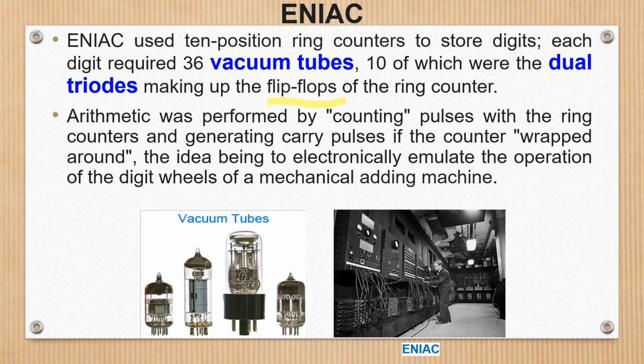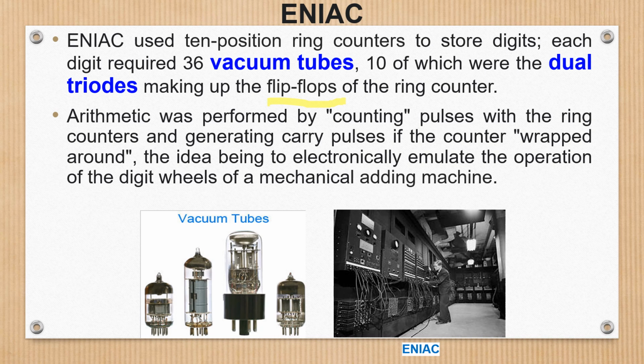Further, arithmetic operations are performed using the counting pulse with the ring counter, and it generates the carry pulse if the counter is wrapped around, or we can say if the 9 position comes, then after moving from the 9 the carry bit is generated and it moves to the 10. So after 9 it automatically calculates 10.